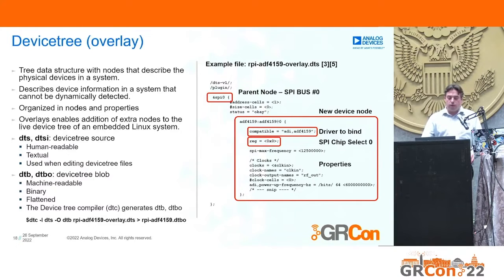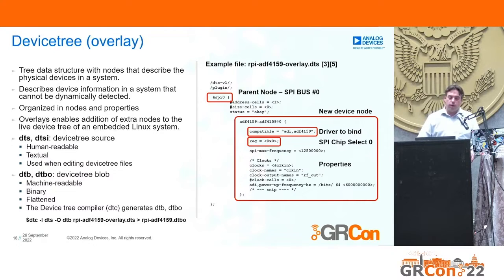And in that node, there are a number of required properties. One of them is the compatible property. It's a string, and that string is matched when the device tree is loaded against a list of available device drivers in your system, and in case those both match, then the kernel instantiates that device using that particular driver.